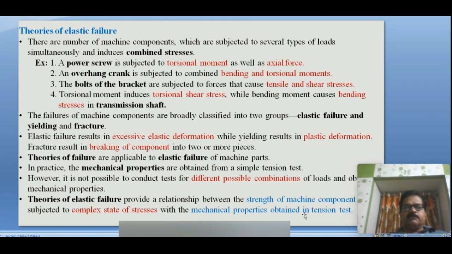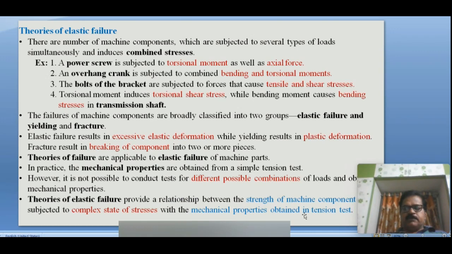The failures of these machine components can be broadly classified into elastic failure and fracture. Elastic failure results in excessive elastic deformation, while yielding results in plastic deformation. Fracture is the result of breakage or the separation of the component into two or more pieces. The theory of failure is applicable to the elastic failure of machine parts.